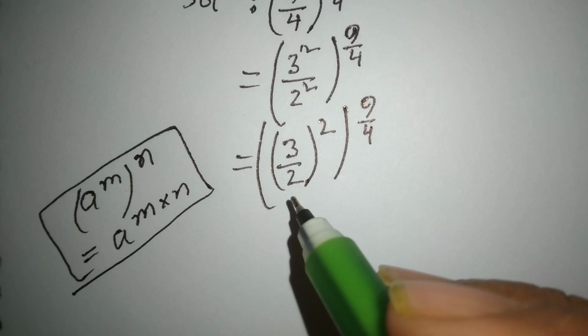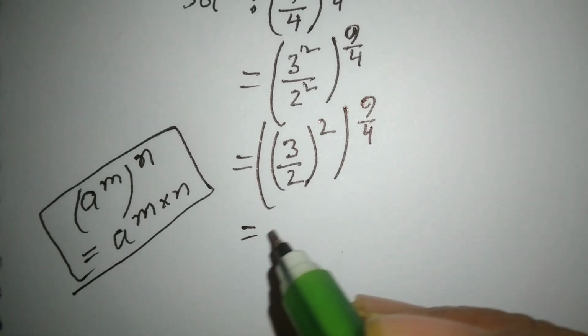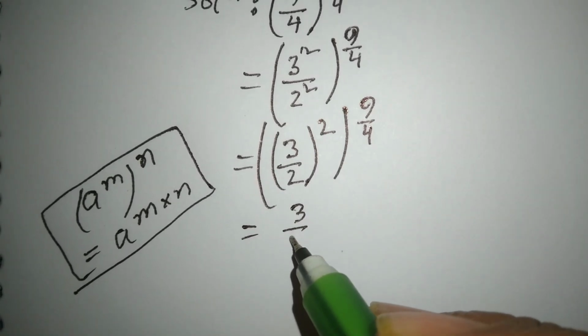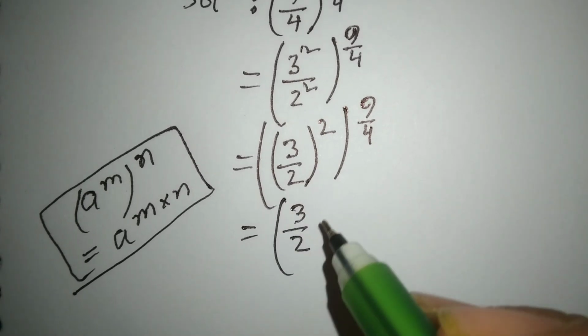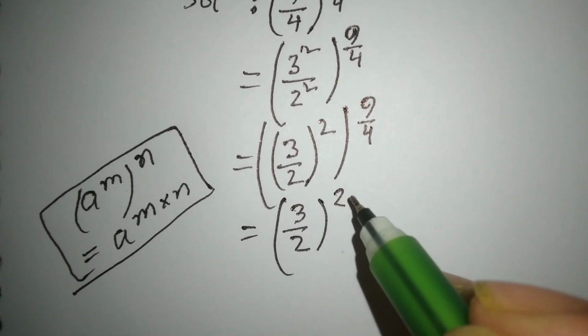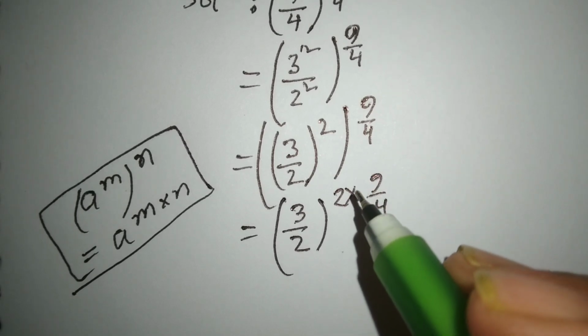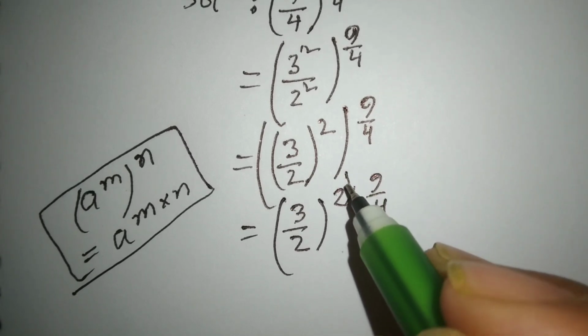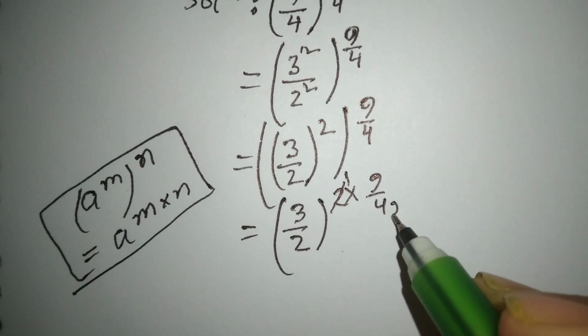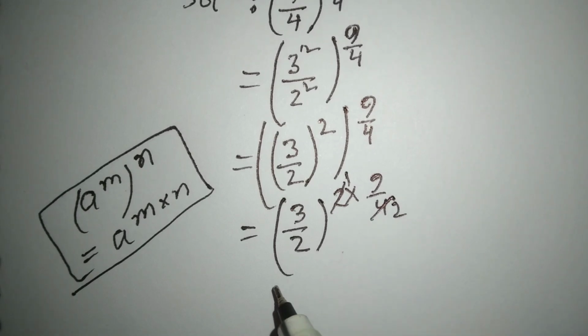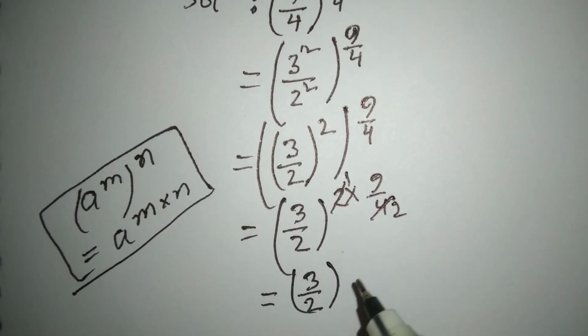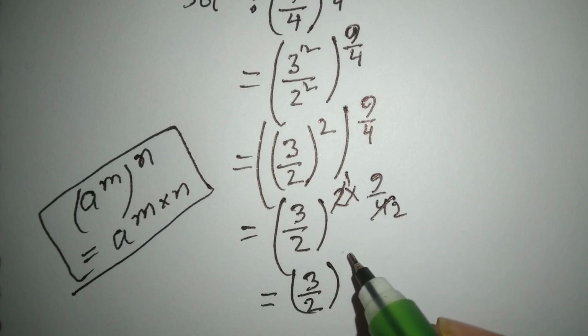According to this property, we can write this as (3/2) raised to 2 times 9/4. Here 2 is 1, here 2 is 2, which is equal to (3/2) raised to 9/2.